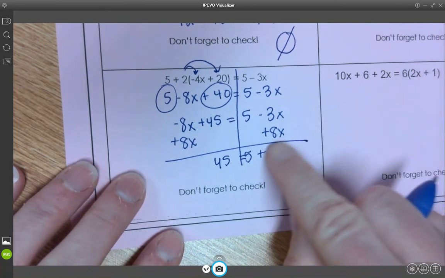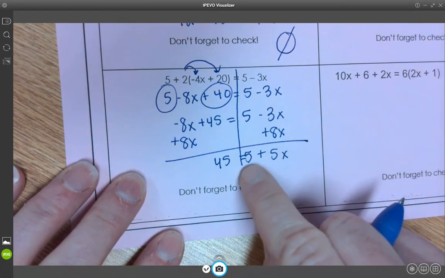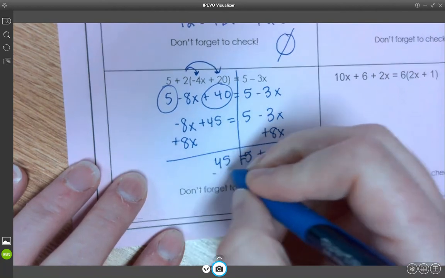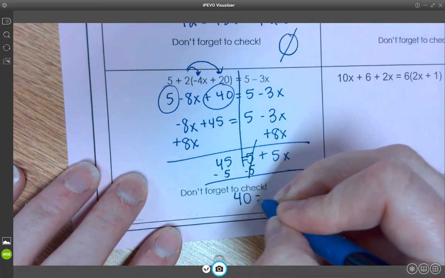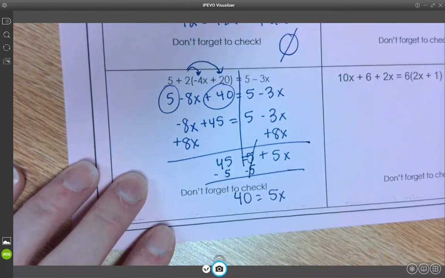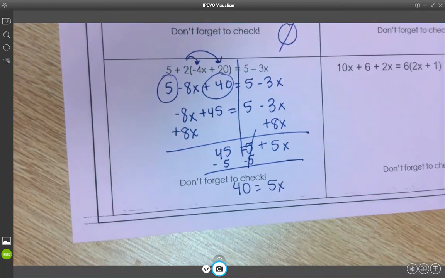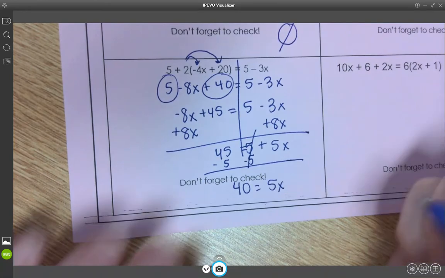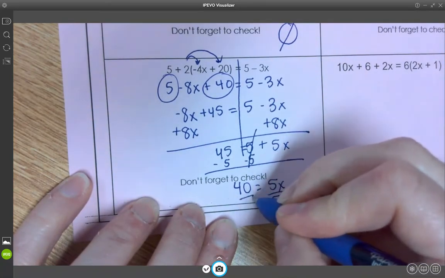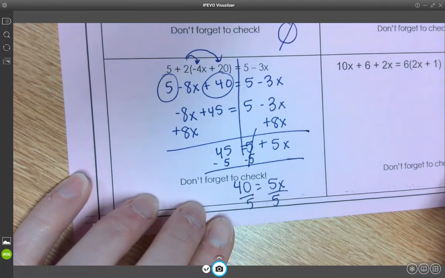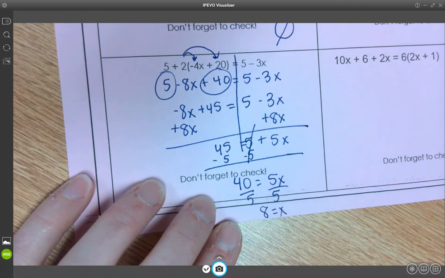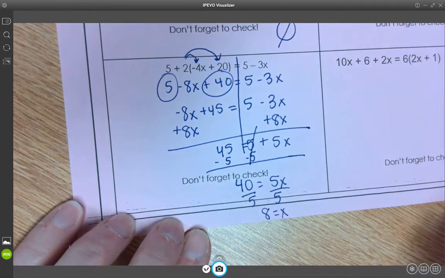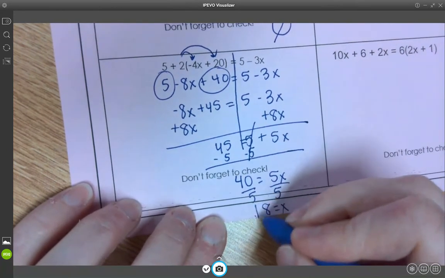What's keeping 5x from being by itself? This 5 right here? So I need to subtract it. And then what? What's 40 divided by 5? So x equals 8.